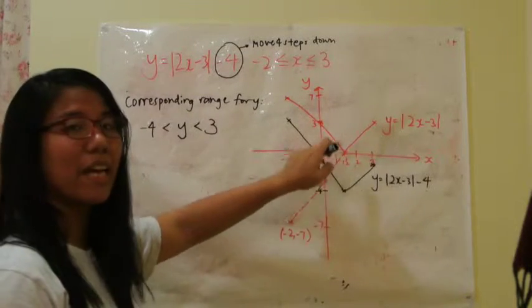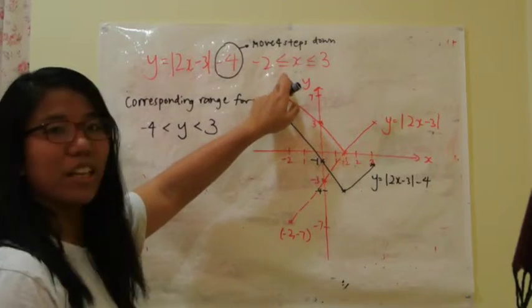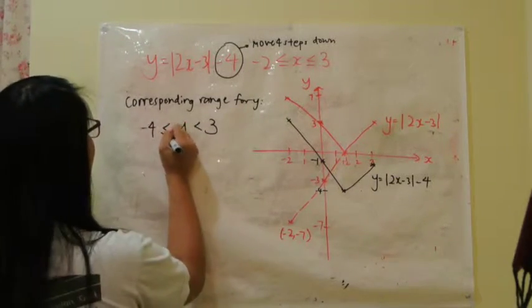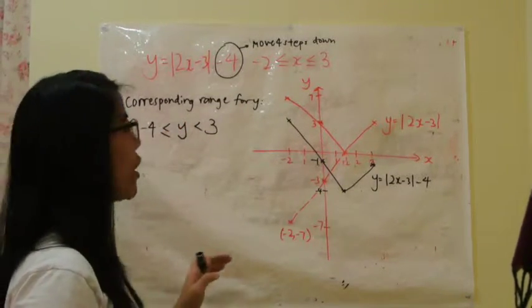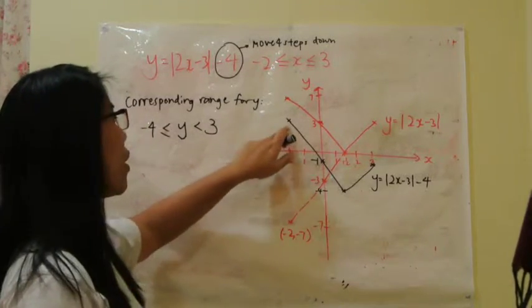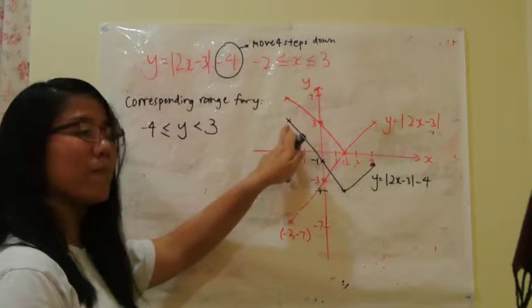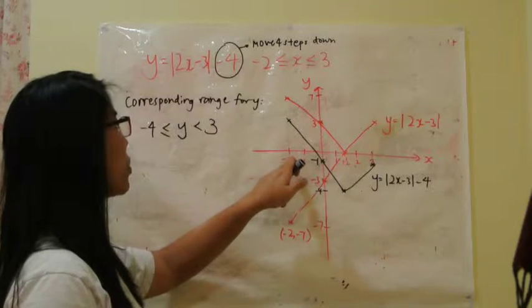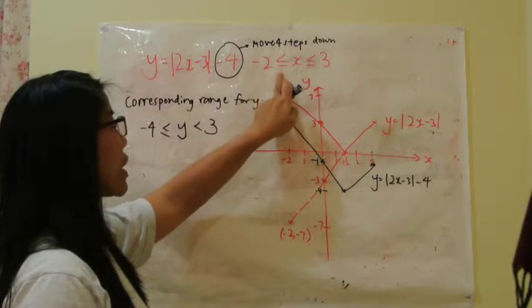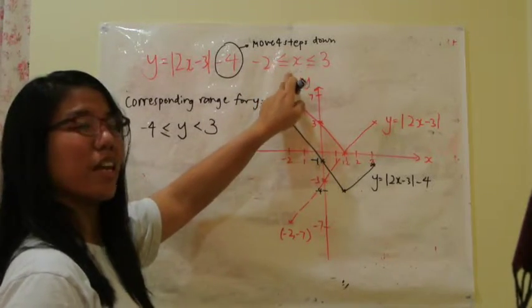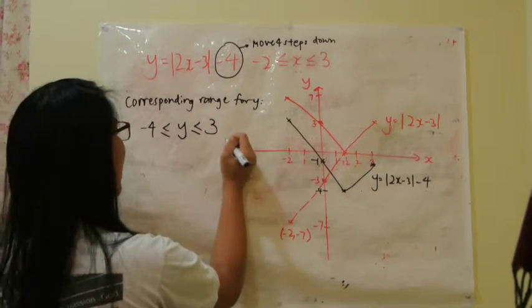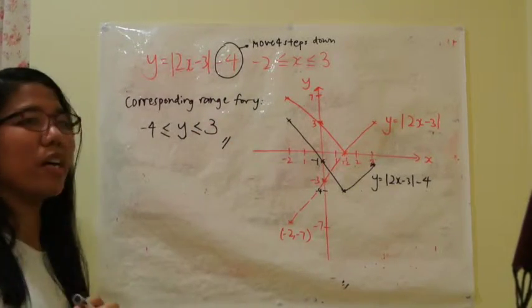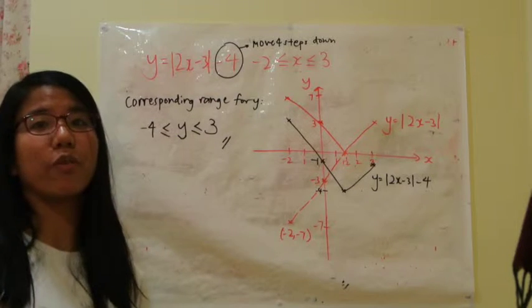Does 1.5 lie in this range? Yes, it does, so we include it. Now let's check for y equals 3. When y is 3, x is minus 2. Does minus 2 lie in this range? Yes, it does.